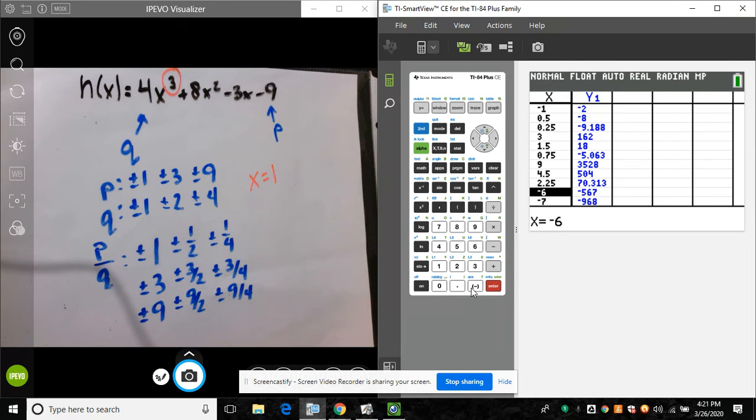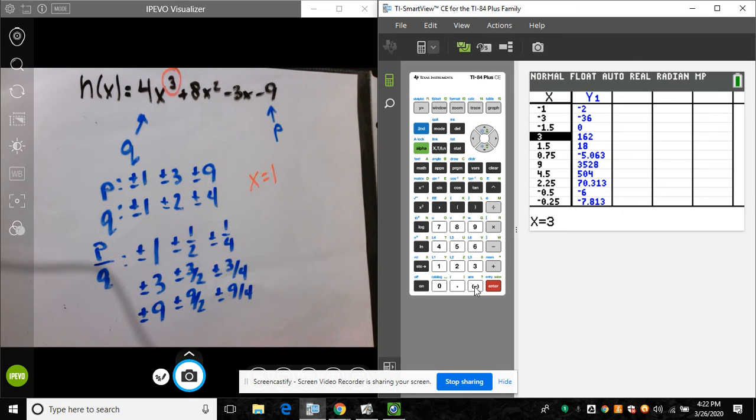So I've got a negative 1/2. I've got a negative 1/4. Back up to the top here. So negative 3. Negative 3/2.